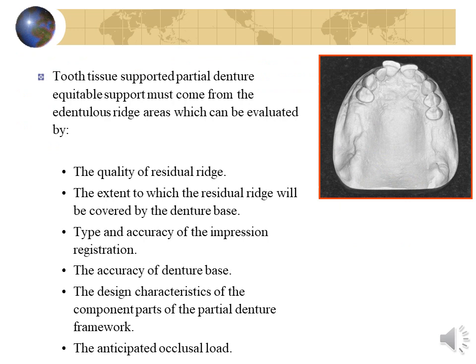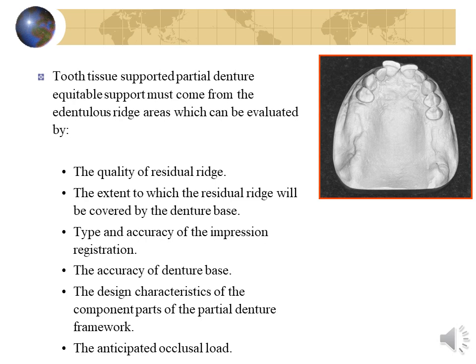In a tooth and tissue supported partial denture, attention to these same considerations must be given to the abutment teeth. However, equitable support must come from the edentulous ridge areas. In evaluating the potential support available from the edentulous ridge areas, consideration must be given to the quality of the residual ridge, which includes contour, quality of the supporting bone, and quality of the supporting mucosa.